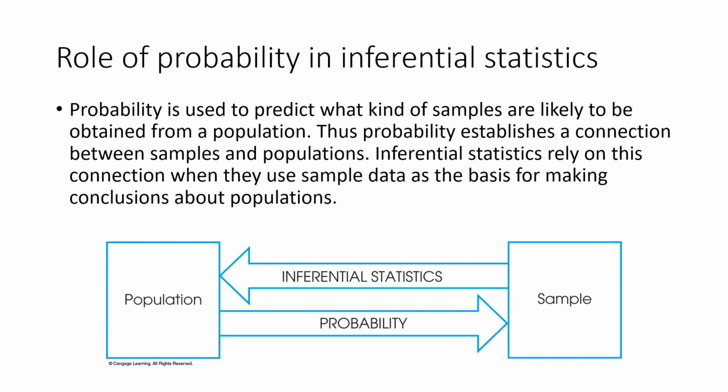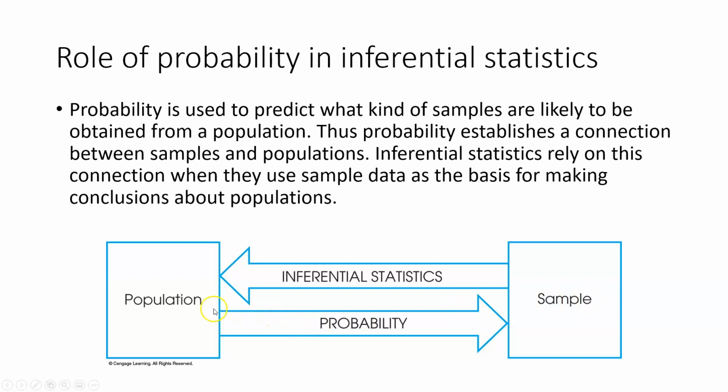Probability is used to predict what kind of samples are likely to be obtained from a population. Thus, probability establishes a connection between samples and populations. Inferential statistics rely on this connection when they use sample data as the basis for making conclusions about populations.